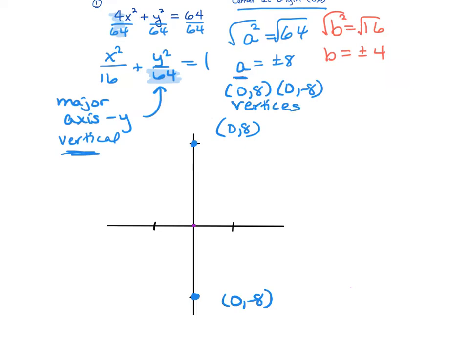For the co-vertices, these are along the x-axis because this is my minor axis. So this will be my minor. This is my major. And now to get the co-vertices, I'm going to add the 4 and subtract the 4 to the x. So it's going to become the ordered pairs -4, 0 and 4, 0. And these are co-vertices.